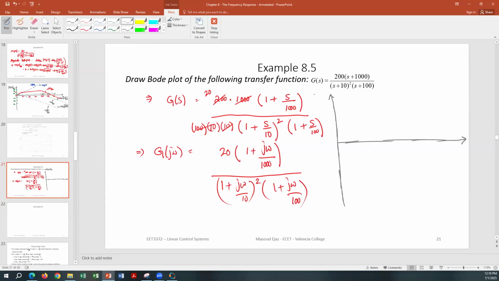So this is going to be G(j omega), magnitude, Bode plot, in decibel. This is 20, this is 40, this is 60, negative 20, negative 40, negative 60.